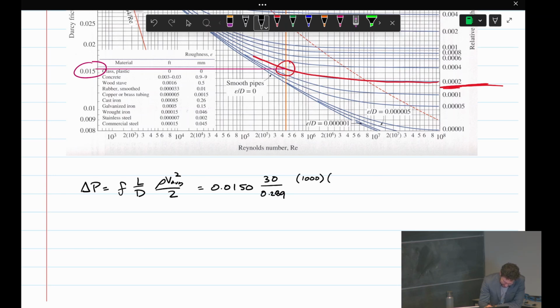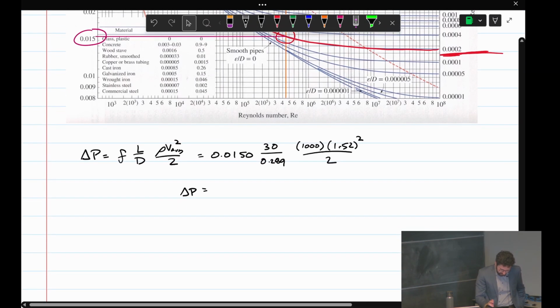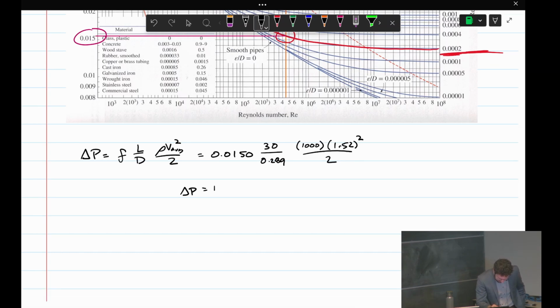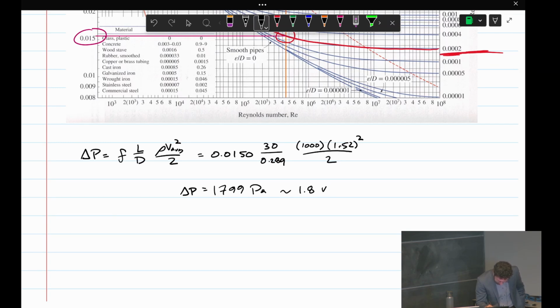Dealing with water, so 1,000. So our pressure drop in this NPS 12, which is like a 12-inch pipe, so roughly a foot in diameter, is 1799 pascals. So that's like 1.8 kilopascals.